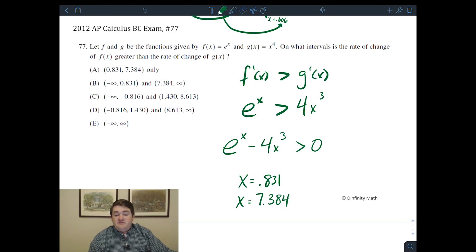When I look at the graph, I see that it is positive until x equals 0.831, negative for a while, and then positive again from 7.384 on and on. So that means e to the x is bigger than 4x cubed from negative infinity to 0.831, and from 7.384 to infinity, which is what answer choice B says.